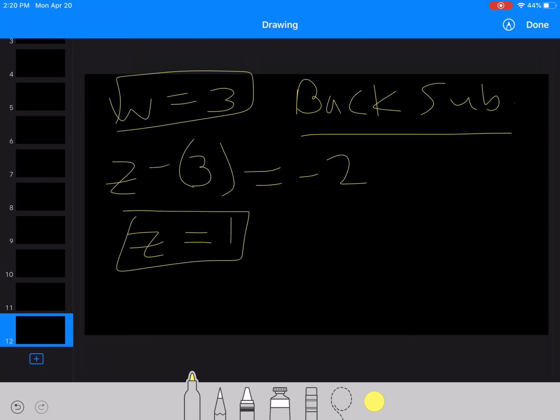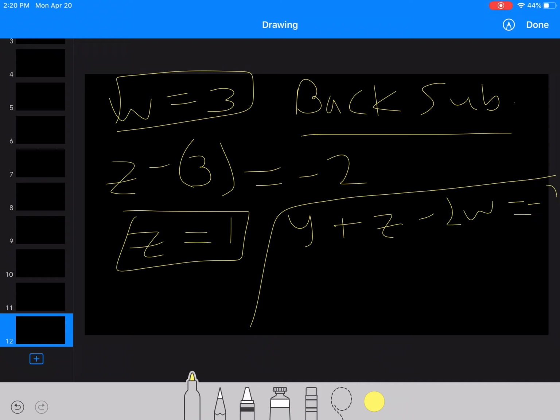So z equals 1. On the second row, remember it was y plus z minus 2w equals negative 3. Okay, so we know what z is, we know what w is, so we can figure out what y is. Z was 1, we just found that out. W was 3.